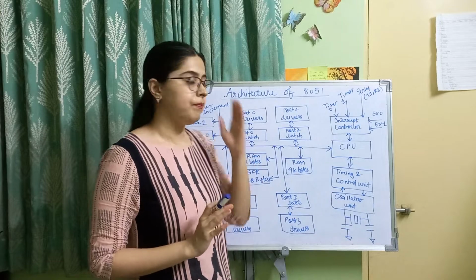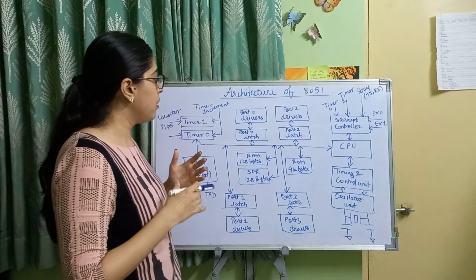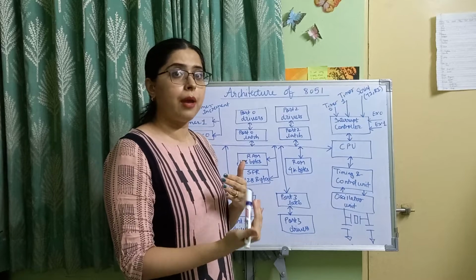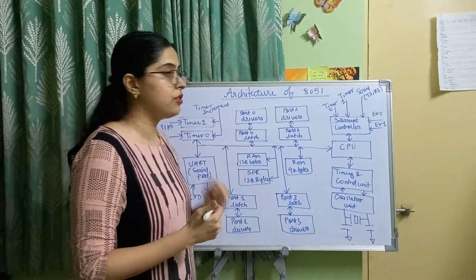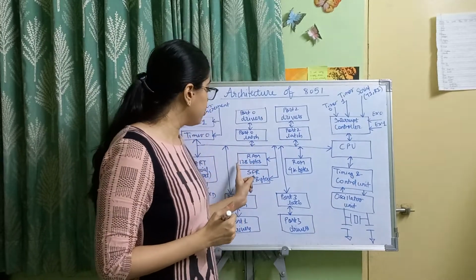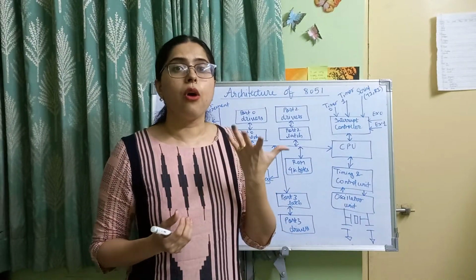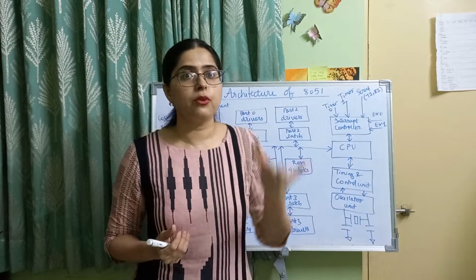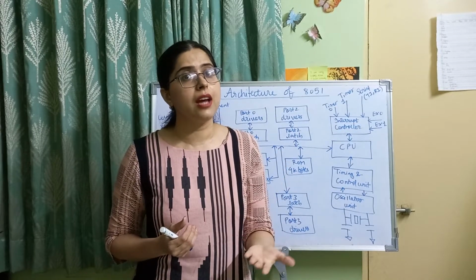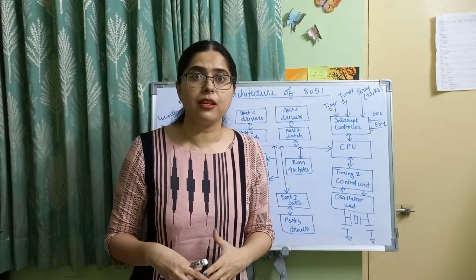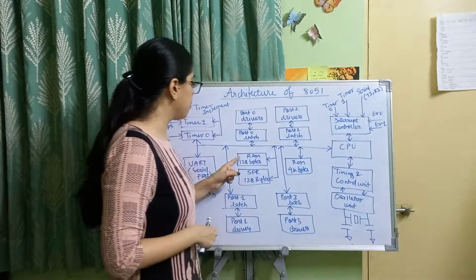Okay, clear? Fine. Now there is 128 bytes of RAM, and this RAM holds all the data which is necessary for operation of a program. Whenever the program is executing, it needs to access the data and do operations on that data, and that data is stored in the RAM.